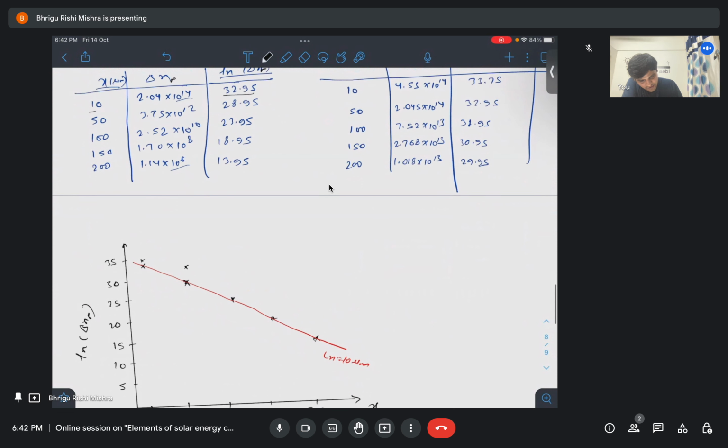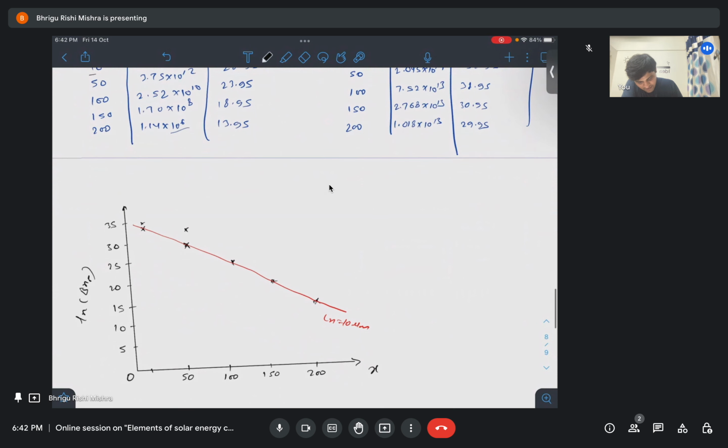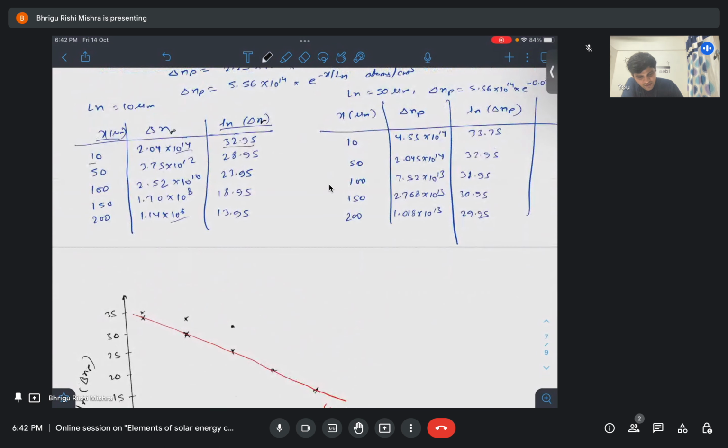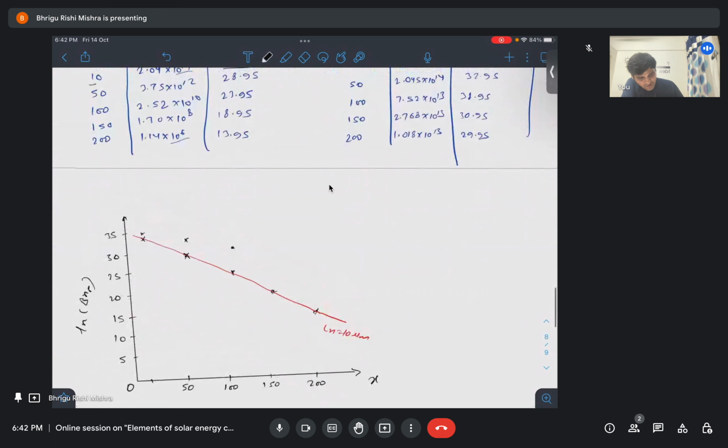At 100 it is 31.95, just above this here. You can draw it with the proper scale; here I'm just doing it roughly, and also please check these calculations, especially this one for 50 micron, whether it is correct or not.